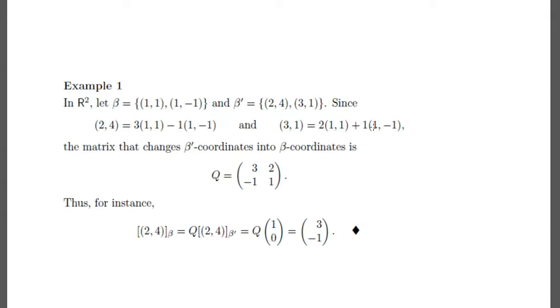If we want to write (2,4) with respect to beta, that is equal to Q into the coordinate vector of (2,4) with respect to beta dash, by the previous theorem.